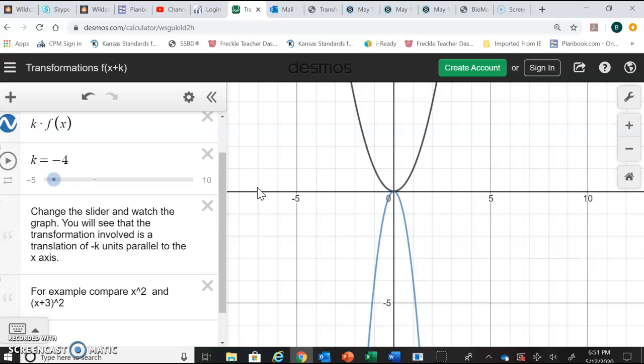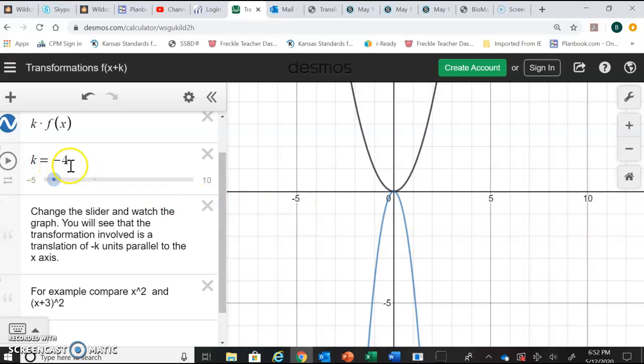Okay, it reflects the graph over the x-axis. You see the x-axis that I'm going across with my cursor. So it reflects the graph over the x-axis. It flips it down. Or if it was a downward graph, it would flip it up. So it's going to reflect the graph.